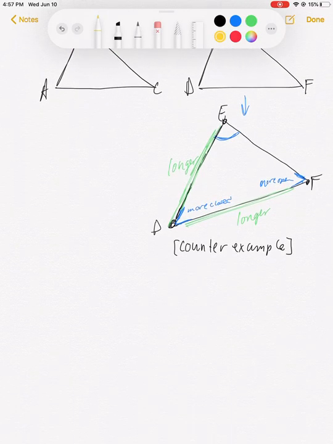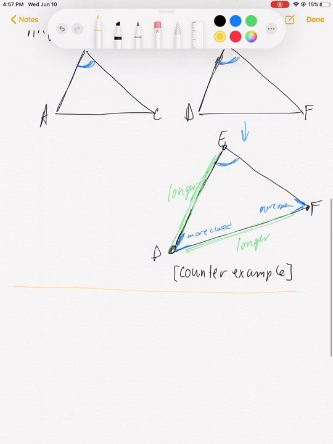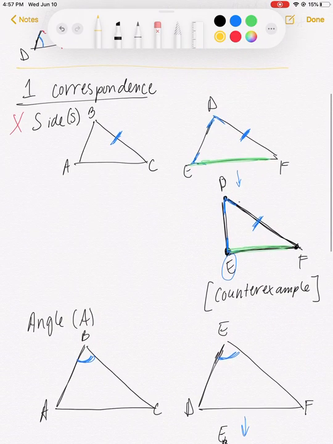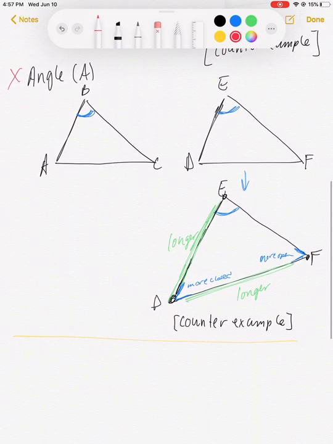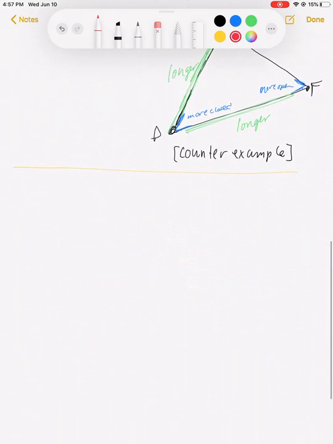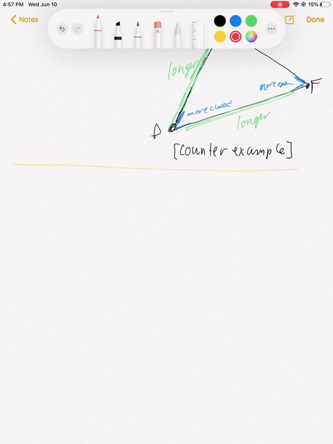So if I just establish one correspondence, an angle correspondence or a side correspondence, that is not enough to force all the other 5 correspondences to be the same, and thus create a rule or test for congruent triangles.